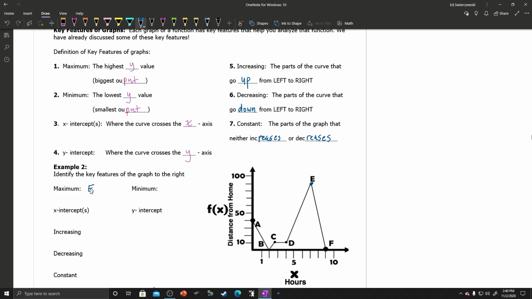So it's E, and it looks like it's at about 7, 90, if I wanted to write that as an ordered pair. Looks like I do have a minimum at point B. So that would be at 2, 0.